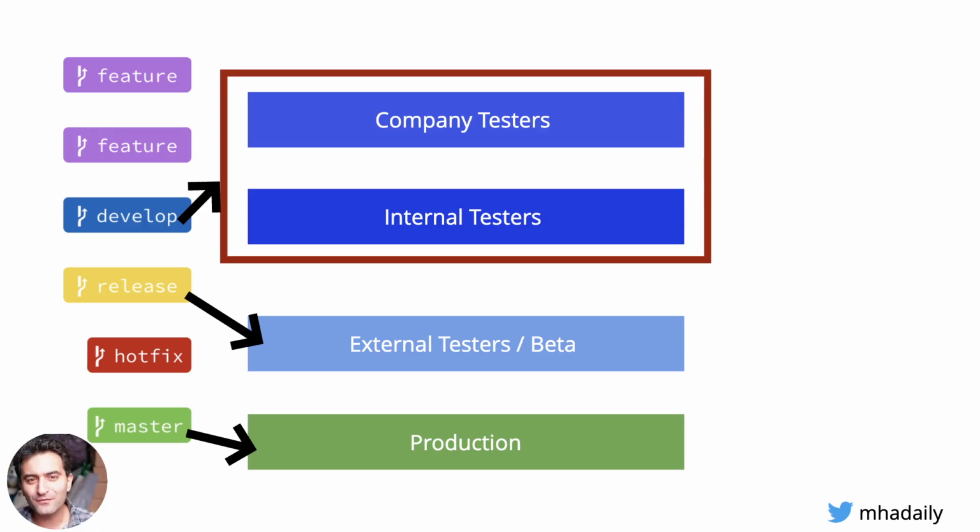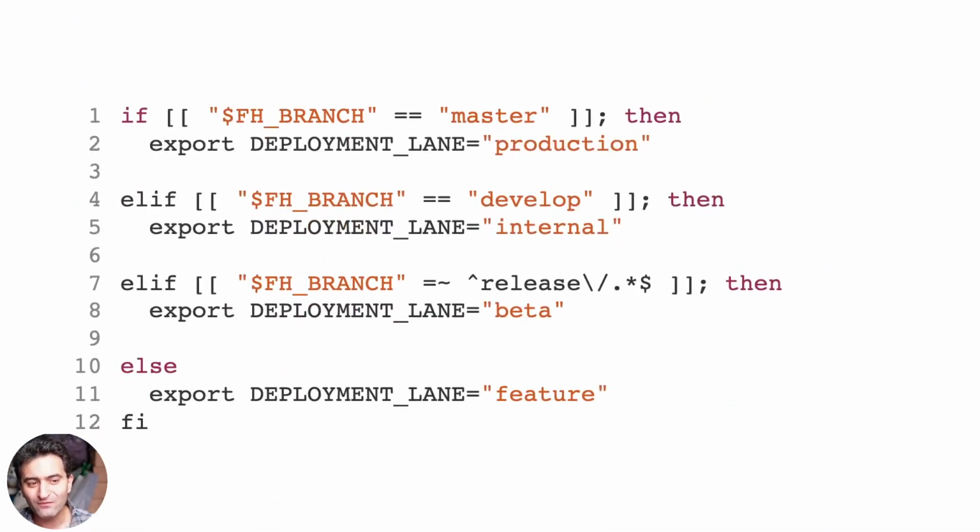So this is one of the flows that works pretty well. In fact, you can create a script, bash or whatever, that matches your deployment lane with these branches as well. You can simply say, whenever we're talking about the master branch, then we're talking about one production deployment lane, or the other ones as well.